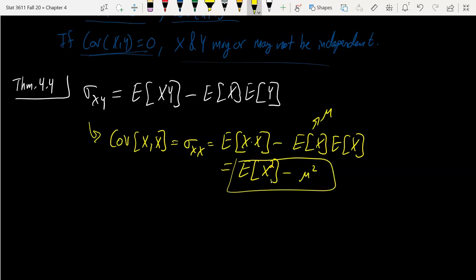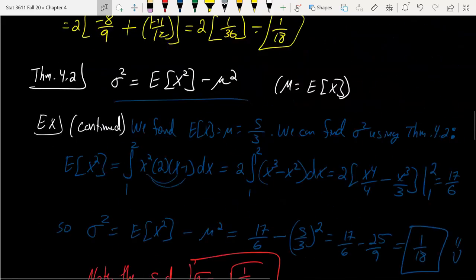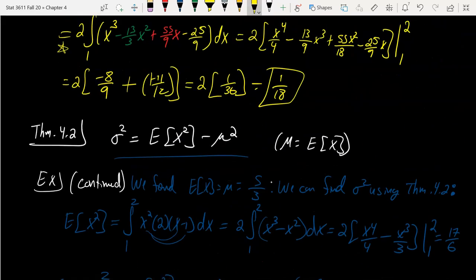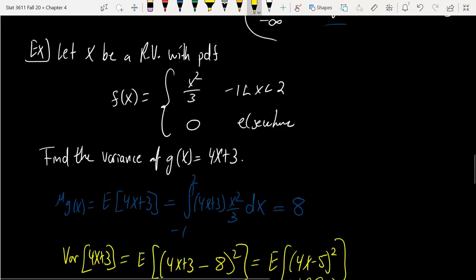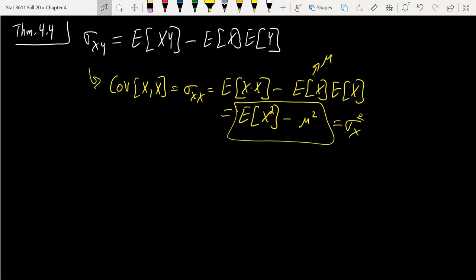Well, what is that equal to? That's the variance of x, according to theorem 4.2. The variance of x, in some sense, is just a special case of the covariance of x, right? Okay, so there we go.